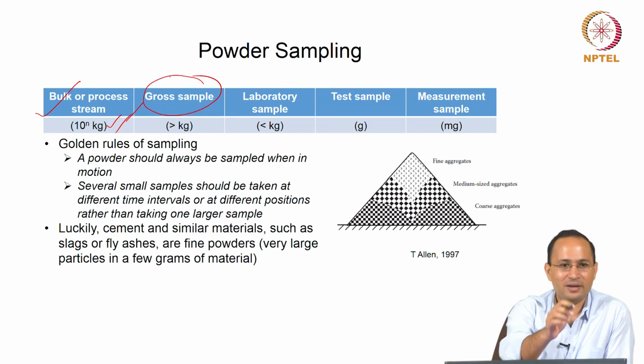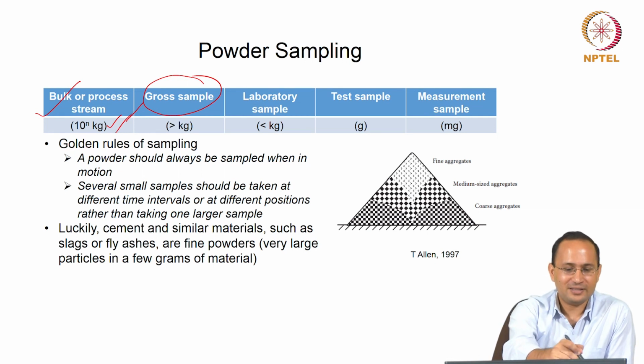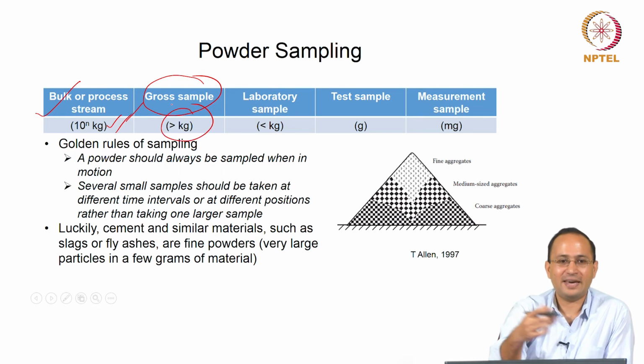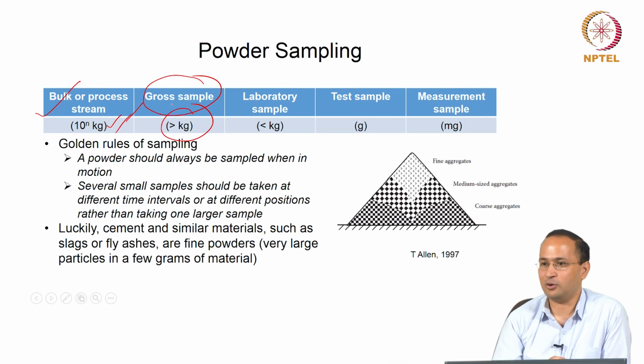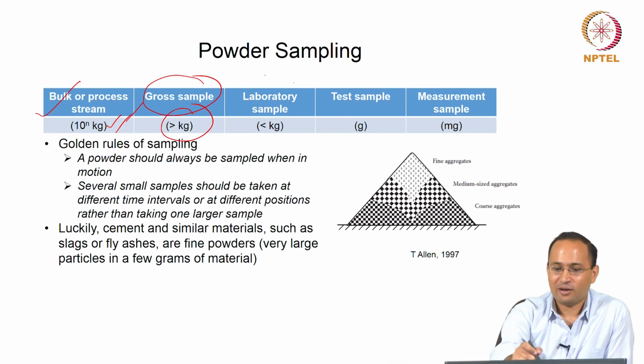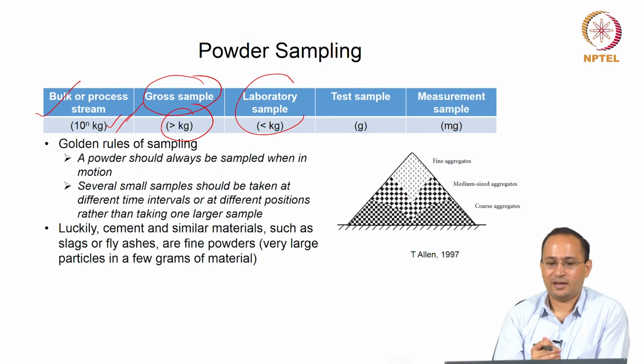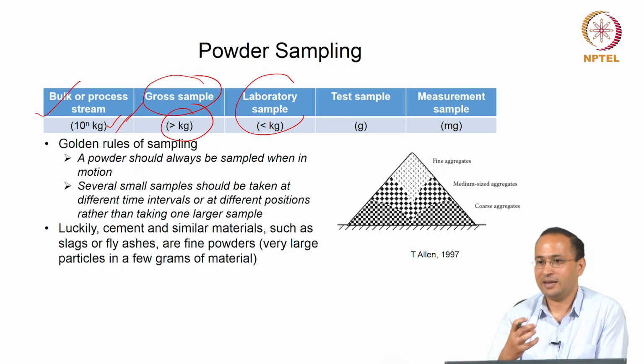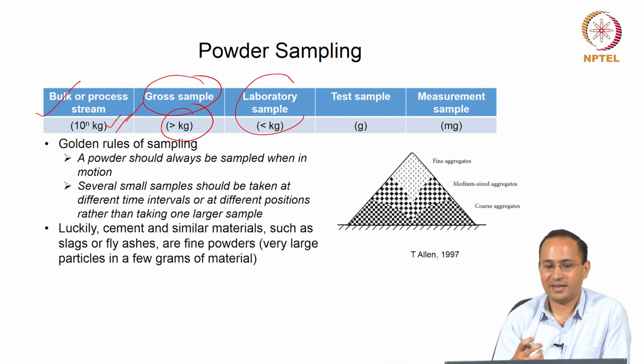First your sample will be a really significant amount, it could be in kgs for example. You have taken a sample out of it, right, the gross sample. From the gross sample you will have a laboratory sample, right. You will take some sample where you will do some tests.